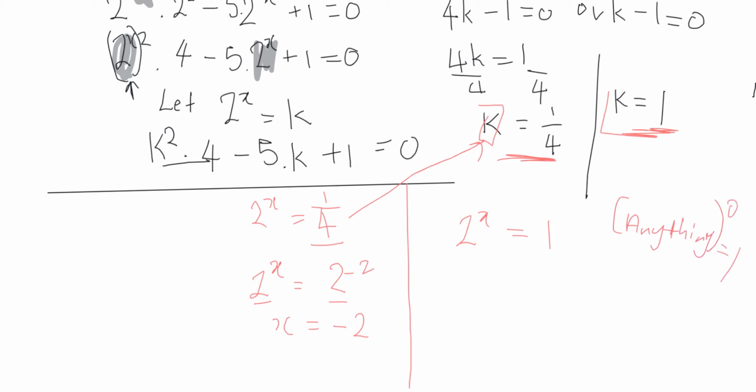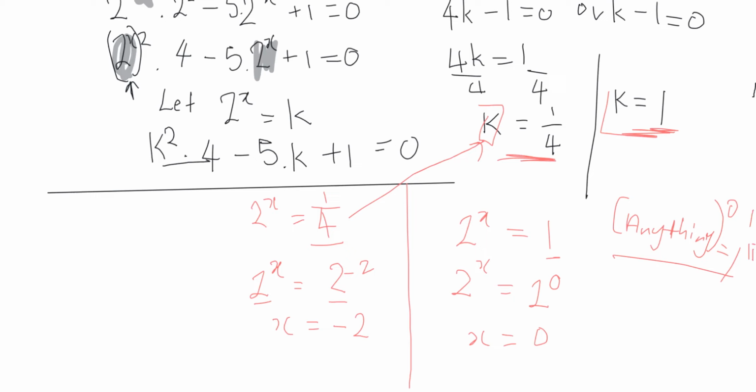So you can still express this in terms of 2. This is the same as 2 to the power of x is equal to 2 to the power of 0, because anything to the power of 0 still gives you 1. So your x in this case is equal to 0. Then you have solved your first exponential equation.